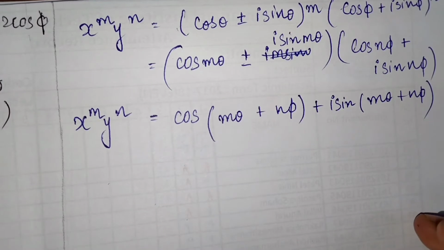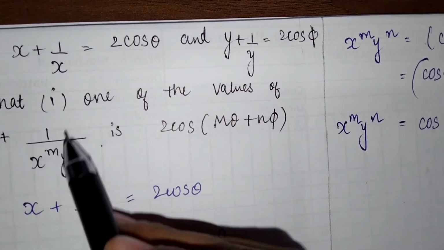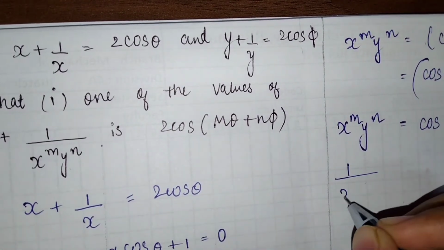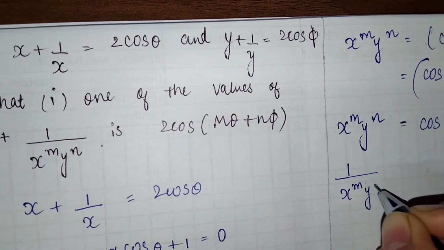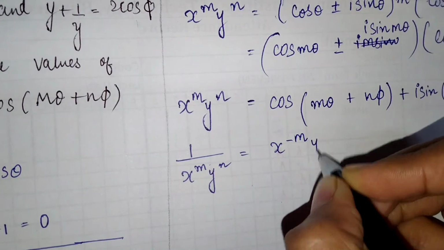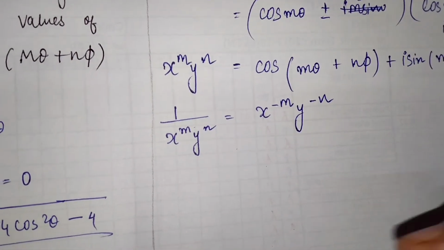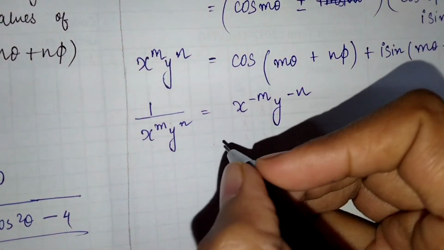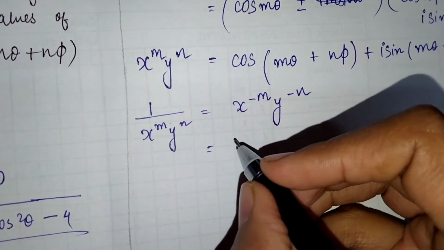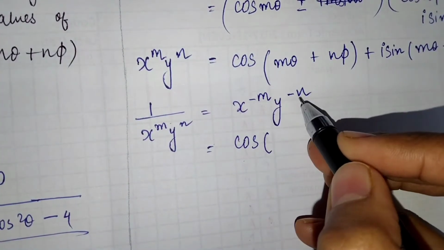Similarly, for 1 upon x raised to m and y raised to n, હવે આપણને આ મળી ગયું છે તો આપણે આ ટર્મ ગોતીએ. આ ટર્મ 1/x raised to m ને y raised to n ગોતવું હોય તો આમ પણ લખી શકીએ, x raised to minus m into y raised to minus n. It means કે only sign change will take place. So we will get cos, કેમ કે આ બે સેમ જ છે, ખાલી માઇનસ m અને માઇનસ n છે.